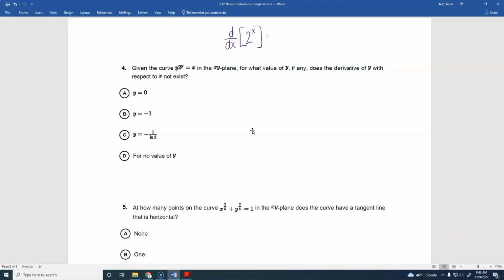So for exponentials, e to the x, the derivative is e to the x, right? It's just itself. But if the base is not e, your derivative would be 2 to the x natural log of 2. So we're going to need that rule to be able to take this derivative.